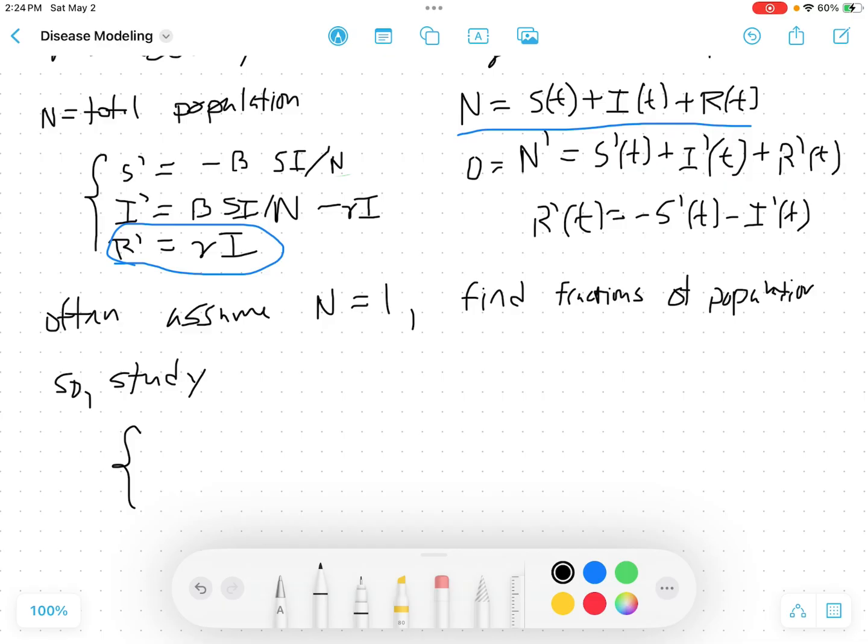I'm going to switch from capital S's, which was like the total number of people susceptible, to a lowercase s, which would represent the fraction of people who are susceptible.